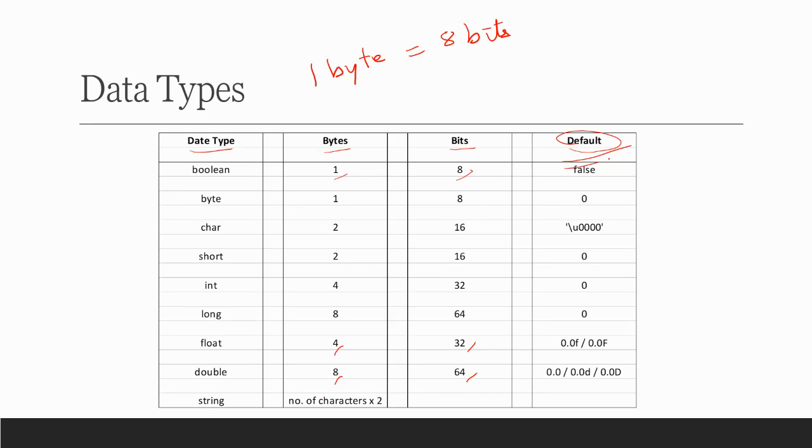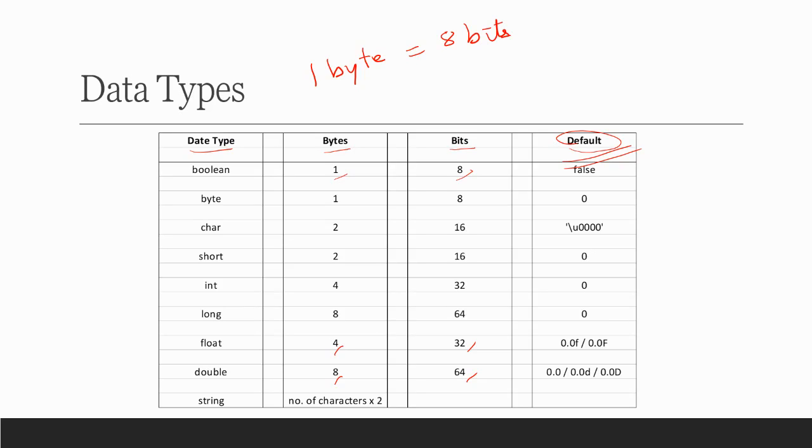Now, on to the default values. Default values are given to a data type if it is not given a value at the start of the program. As I told you, Boolean is either true or false, but if it is not given a value at the start of the program, it is automatically set to false.